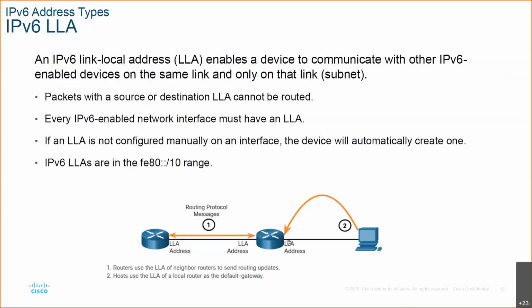Rather than giving your global unicast address, it's advisable to give your LLA. If you don't, and you have a DHCP server, it will automatically get the LLA of your gateway, and that would be your gateway.